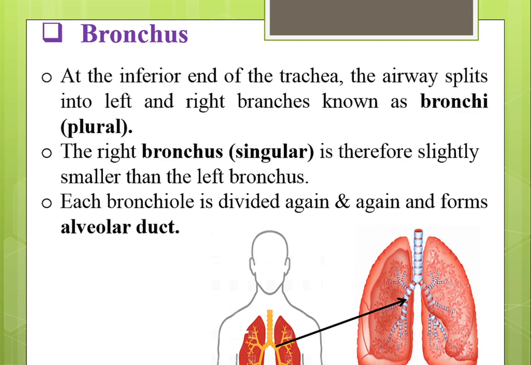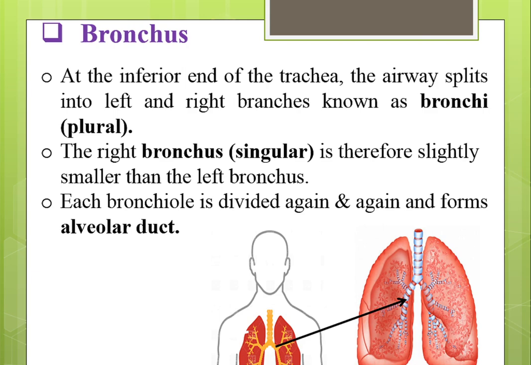The right bronchus is slightly smaller than the left one, and the bronchi enter into the two lungs. One is the right lung and the other is the left lung.